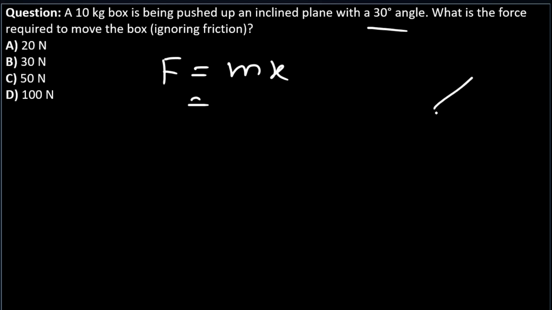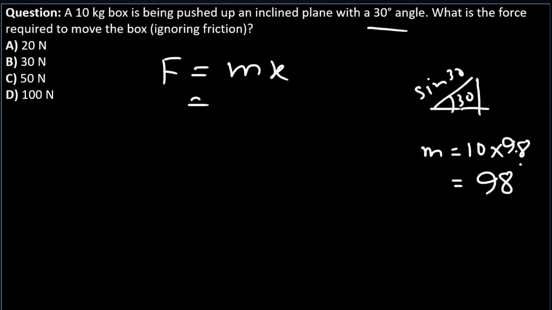Here m equals mass, the weight, 10 kg times 9.8 is the gravity. So 10 times 9.8 equals 98.